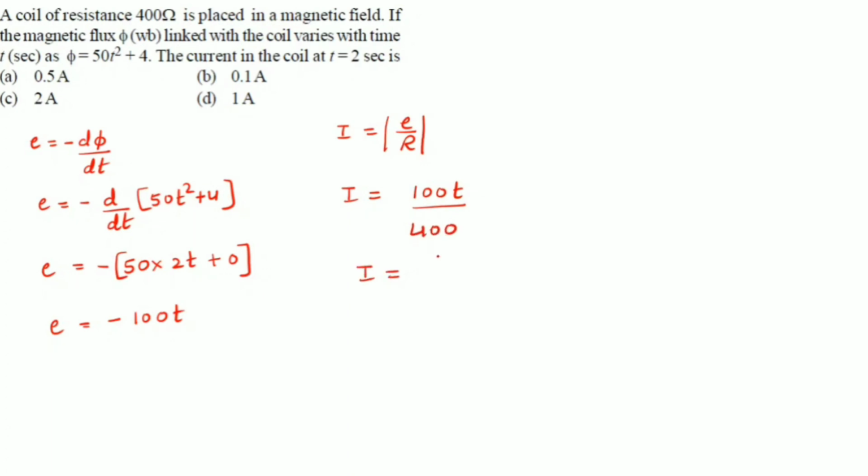So I equal to 100 into time, which is given 2 seconds, divided by 400. So I equal to 200 divided by 400. So the answer is 0.5 ampere. Option A is right.